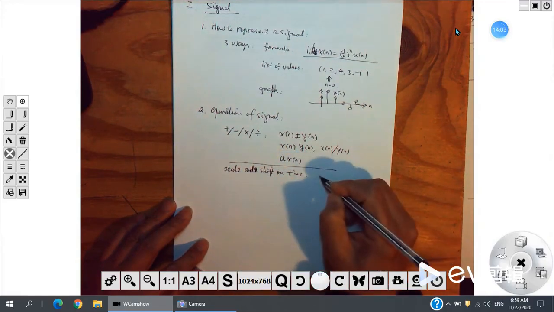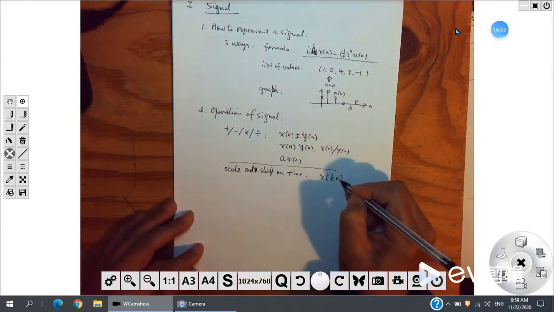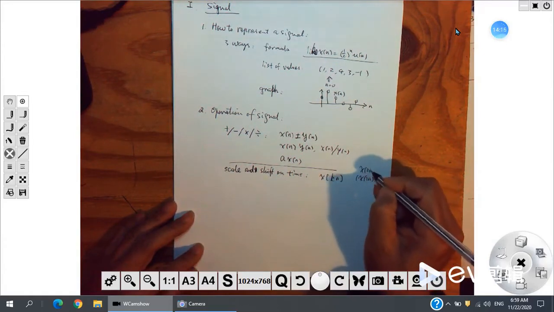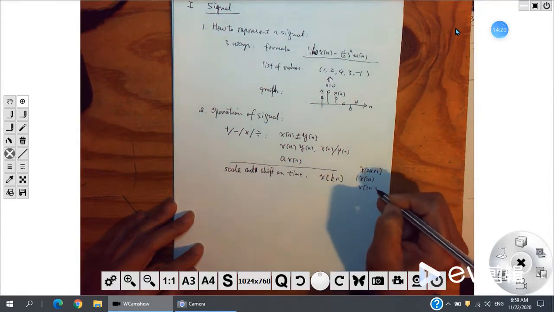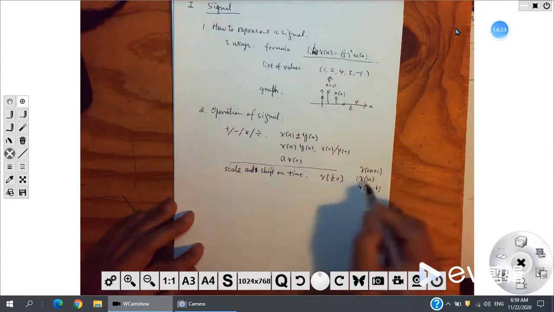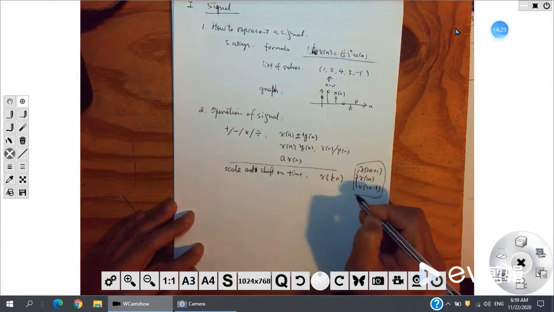You have x of k times n, like x of 2n, 2n plus 1, or x of 3n minus 1. They are all in a similar category.